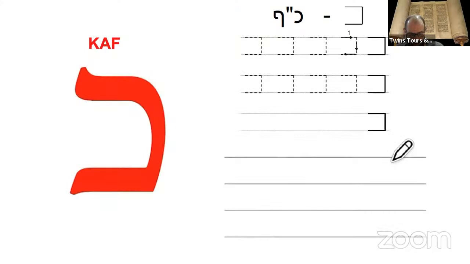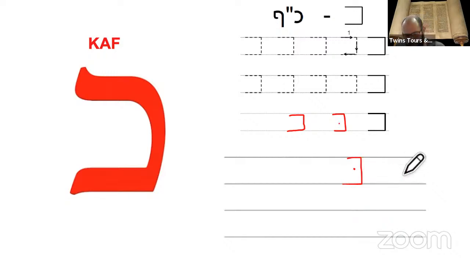Then we have the kaf, kaf or kuf. I like to pronounce it kaf. It's way better. And remember, with a dot, like a king, ke. Without a dot, it becomes che. Very important. These dots are important. Again, with a dot is ke, like king.